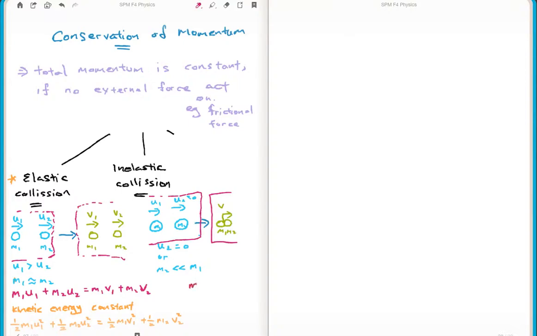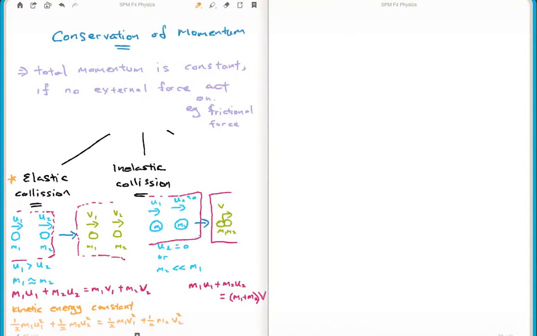The initial momentum M1 U1 plus M2 U2 equals M1 plus M2, because they stick together with the same velocity. So this is what you need to know. They stick together, M1 plus M2 to the right. This is what they call an inelastic collision.